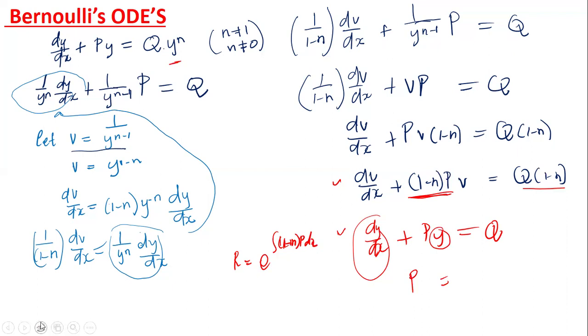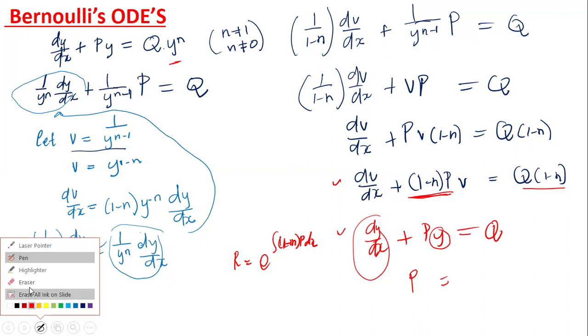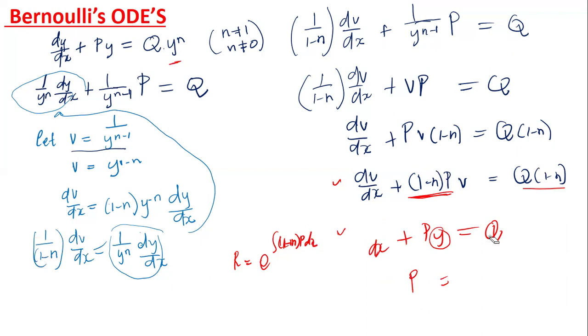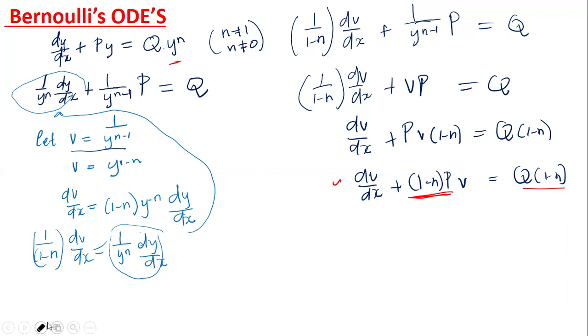Okay, let me erase this so that you don't get confused. Let us do it properly. How do we determine the integration factor? We denote our integration factor as r, so r is equal to e to the power of the integral of p.